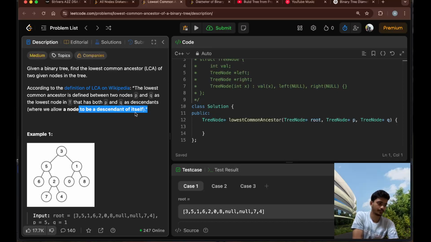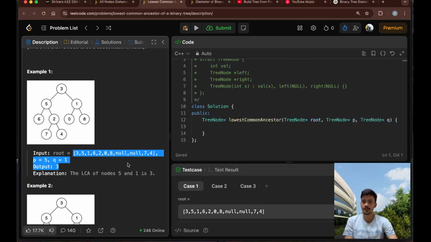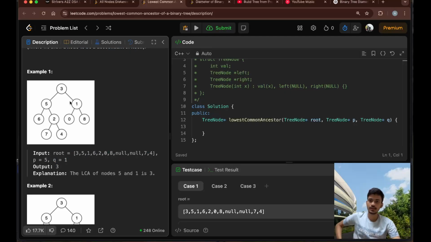Let us take this example: 3 5 6 2 7. The path can pass through the root also.